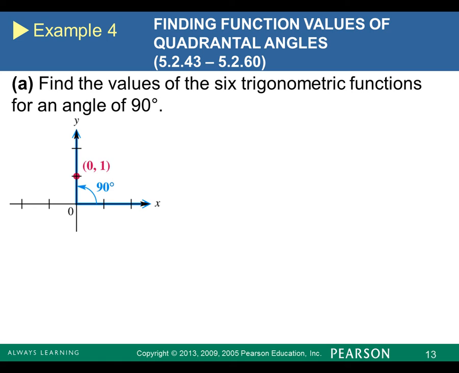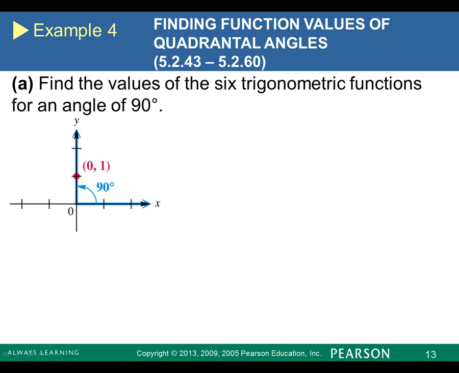Okay, find the values of the 6 trigonometric functions for an angle at 90 degrees. What is cosine, Dylan, at 90 degrees? If we're looking at our value here, what is cosine? 0, very good.